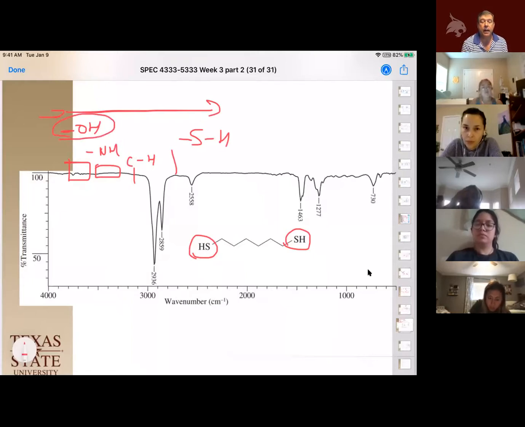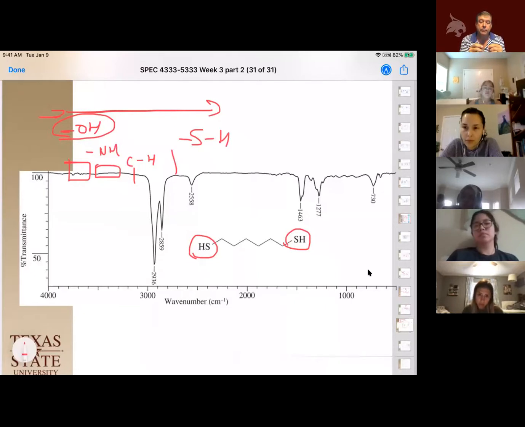Oxygen is more electronegative than nitrogen, and therefore that is a more polar oxygen-hydrogen bond than the nitrogen-hydrogen bond. The carbon-hydrogen bond is even less polar.